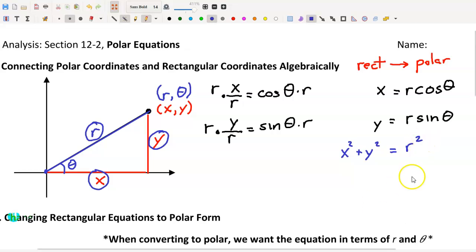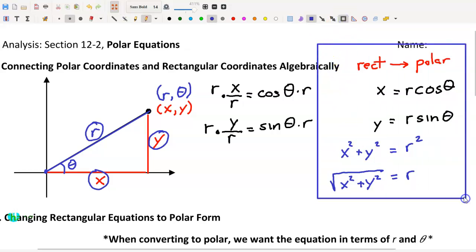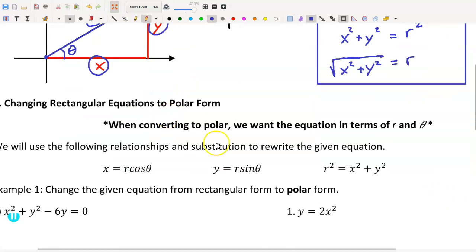And to a lesser degree, if by some chance we just have a single r, we could manipulate this and take the square root of both sides, the square root of r squared to get r, and the square root of the left side as well, getting the square root of x squared plus y squared. So that's possible as well. So those are your main go-tos as far as substituting in, and they're also listed down here.